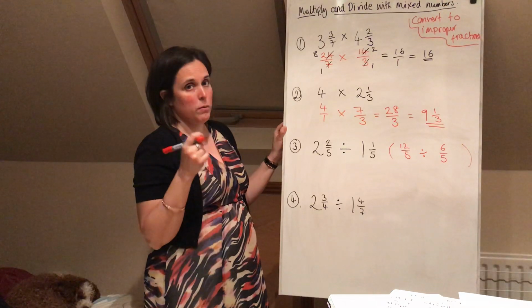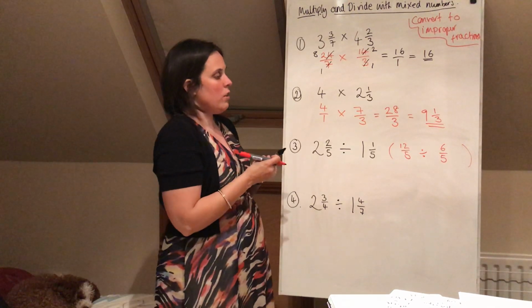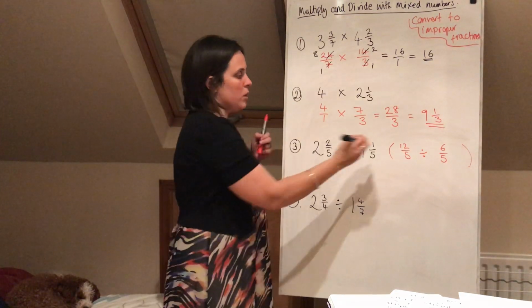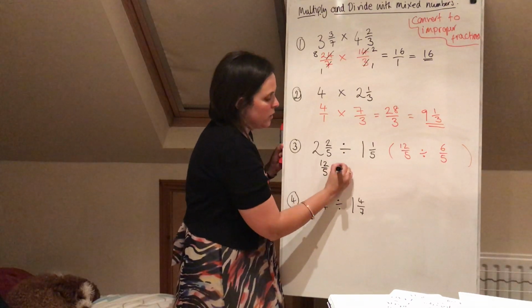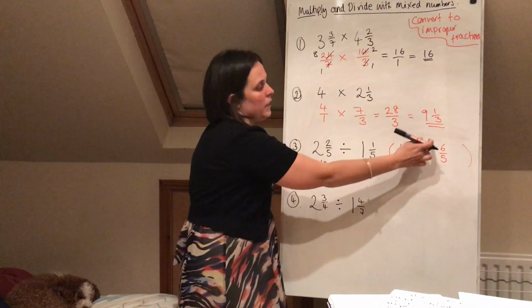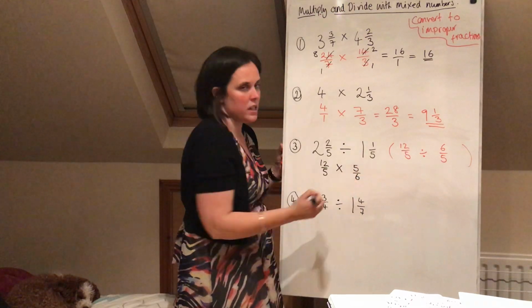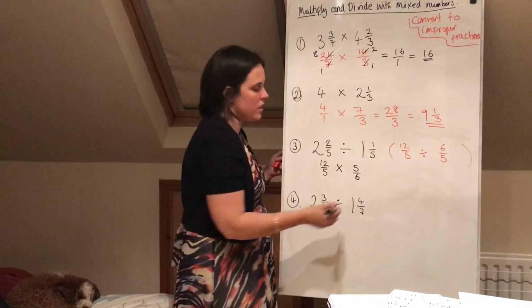If you remember from the previous video that I did on dividing fractions, what you have to do is keep your first fraction, so we keep the 12/5, change the divide to a times, and then flip this fraction, so that becomes 5/6 instead of 6/5, because these are equivalent calculations.